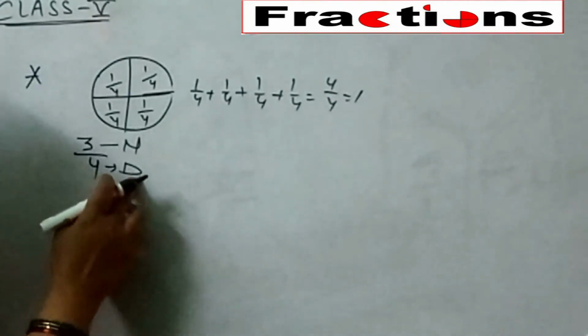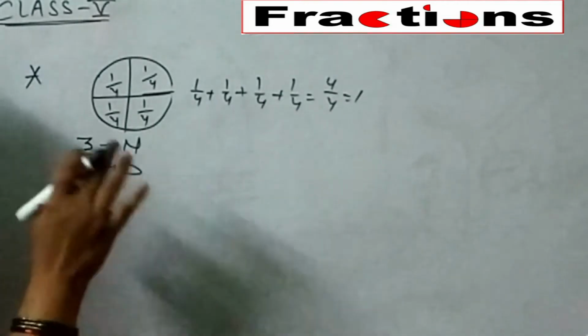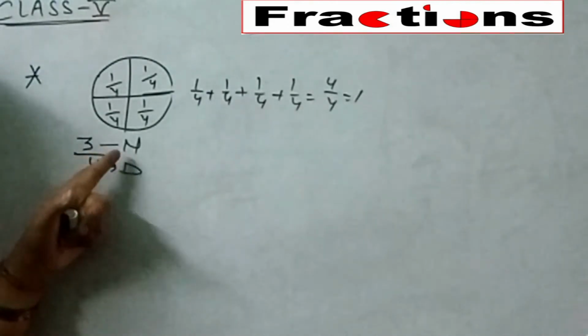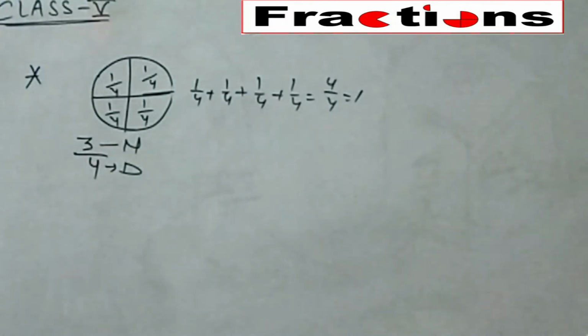So remember it: the down number is the denominator and the upper number is the numerator. Through this chapter, we will learn how to find equivalent fractions, and how to add, subtract, multiply and divide the given fractions.